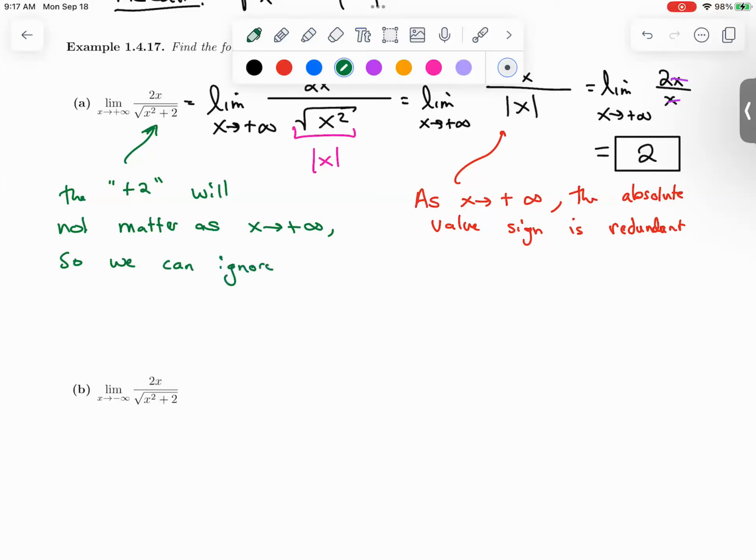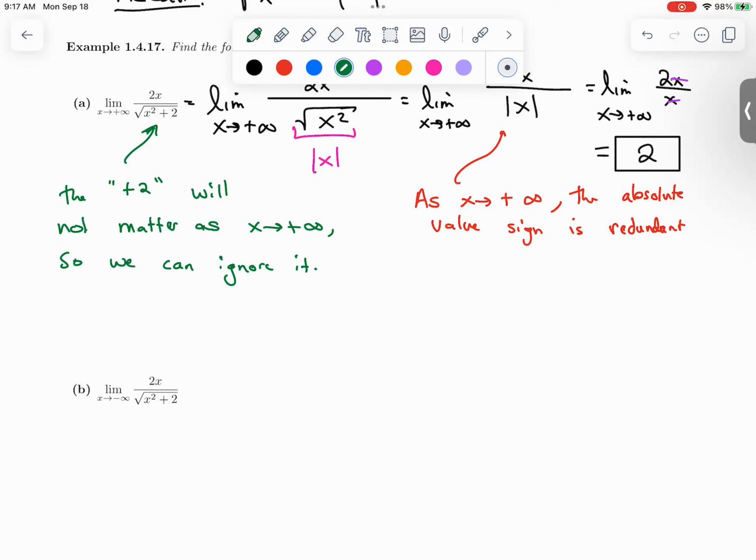We are only able to ignore this, once again, because this is going to positive infinity or negative infinity. Because the x values are just going to keep getting larger and larger. And in the scope, infinity squared is just so much larger than 2, it doesn't matter.